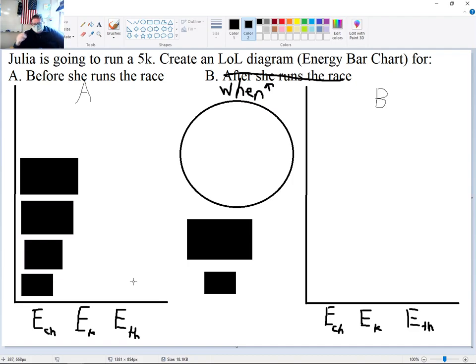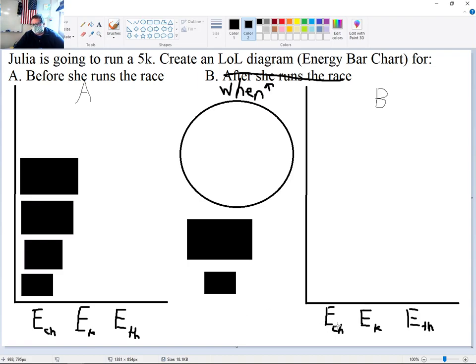And ultimately, you could have some thermal blocks here if you want to. It's just that you don't have to have those thermal blocks yet because we're just trying to show the change. All right, I'm going to leave this here. So at the beginning of the race, she has 4 blocks of chemical, no kinetic because she's not moving yet, and again, no change in thermal. This is sort of my baseline of 0.